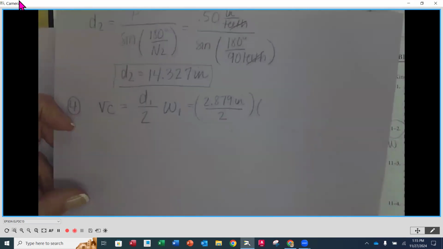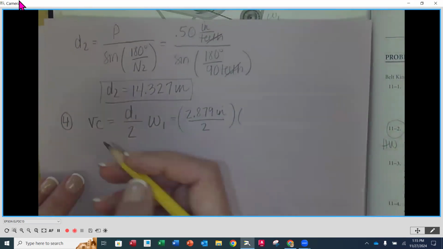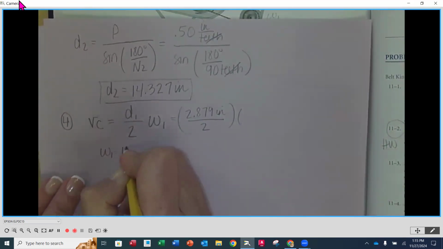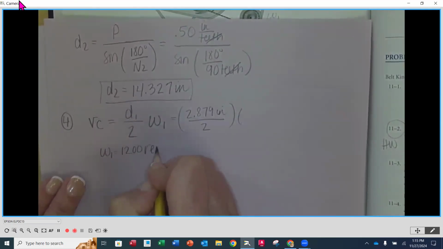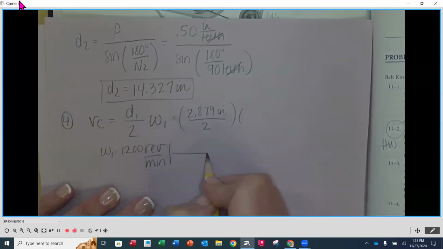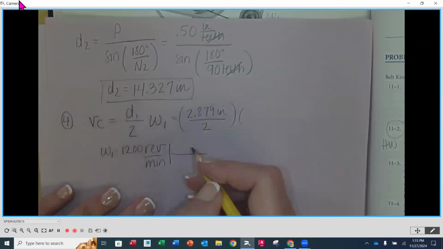So before I do that, I'm going to say W1 is equal to 1200 revolutions per minute. And I need to convert that to radians per minute.